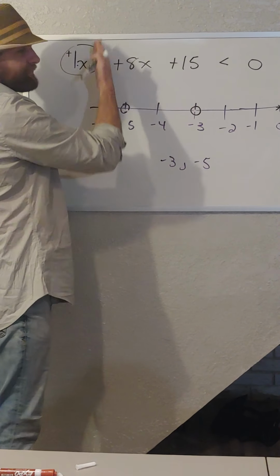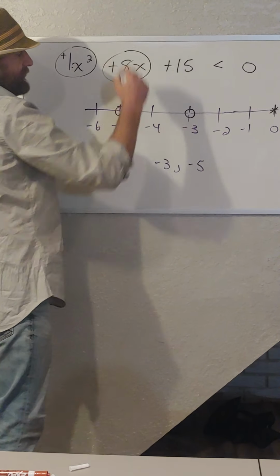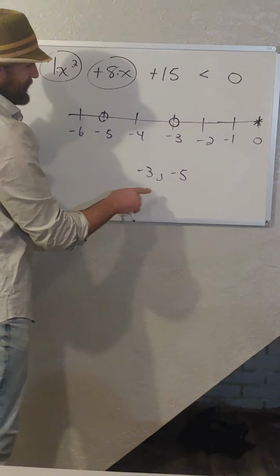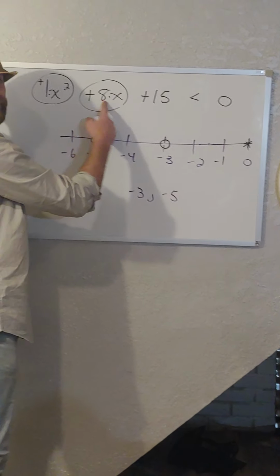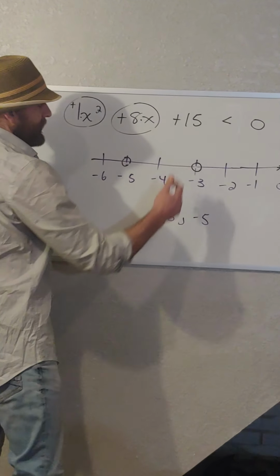So this circle's basically going to turn invisible and this is going to go away. So then this one here, we're going to take this 0 here, plug it in, 8 times 0, again 0, and that circle's also going to disappear.